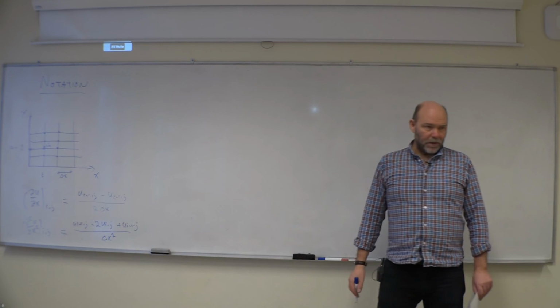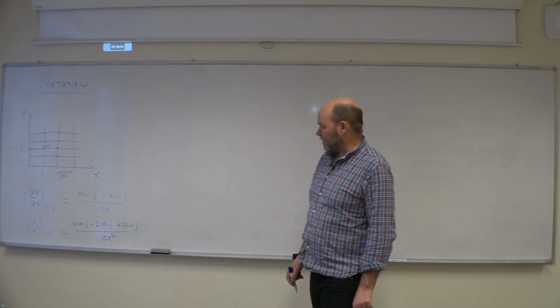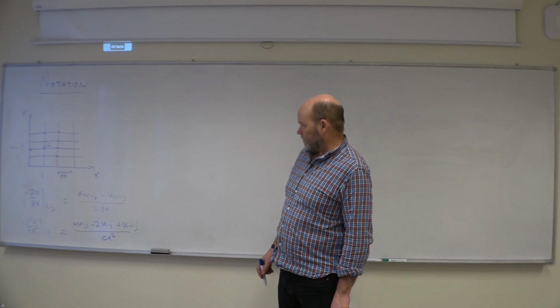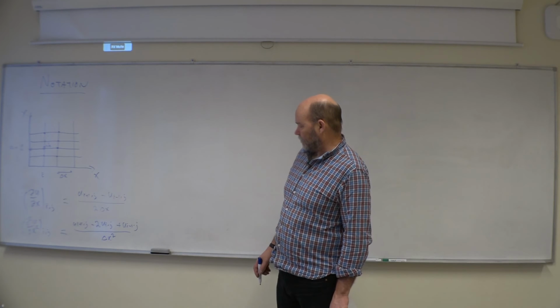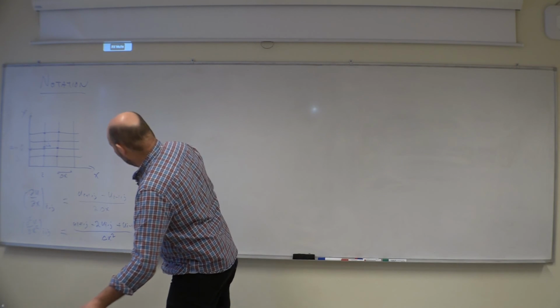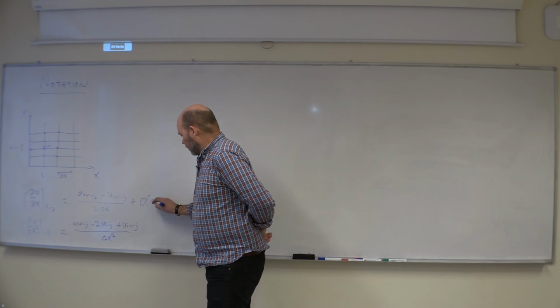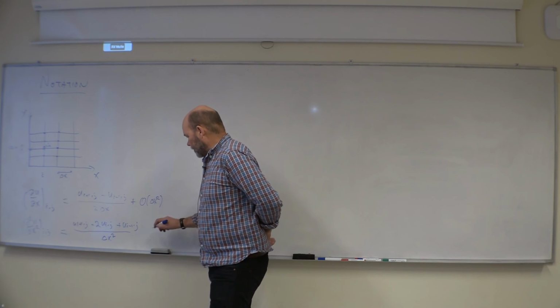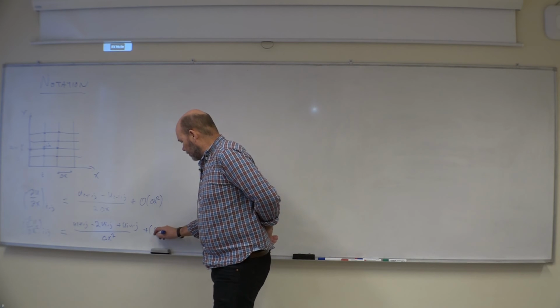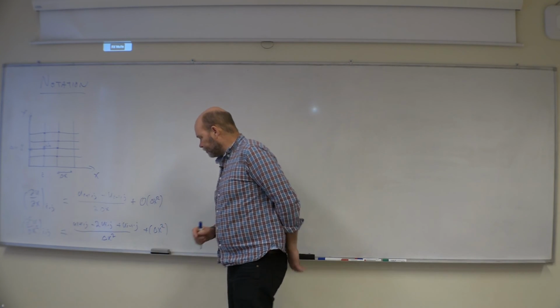These are central space schemes, meaning they are second order accurate here. Delta x square, that's the added delta x square.